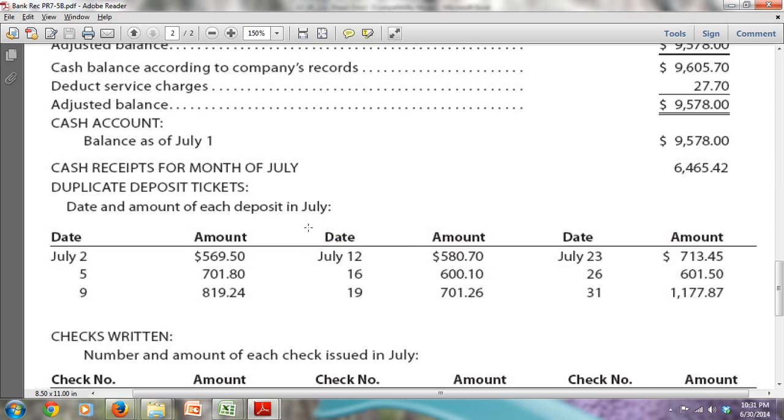I'm writing them down so that I don't have to keep flipping back and forth and making your eyes go all crazy on the screen. I know that can be kind of frustrating, seeing screens flip back and forth all the time. So I'm going to write them down, and then I'm going to go to the bank statement to see if they all clear or not.